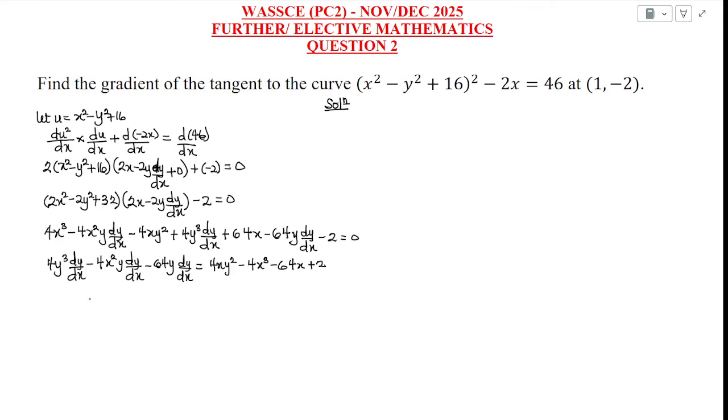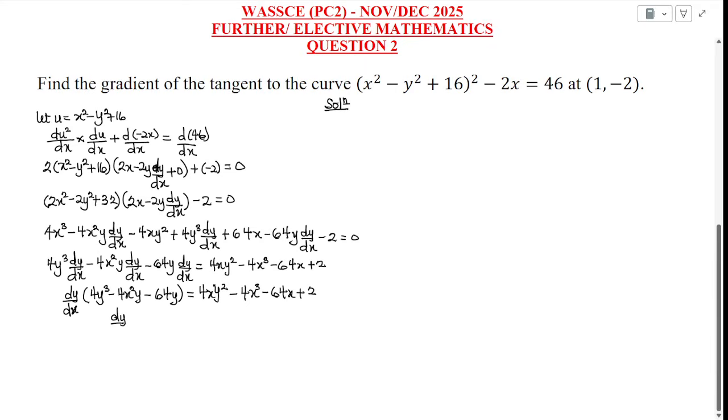All right, so from this stage, what I'm going to do is factorize my derivative of y with respect to x. This gives me (4y³ − 4x²y − 64y) dy/dx equals 4xy² − 4x³ − 64x + 2. So this is what I have after doing my factorization at the left-hand side.